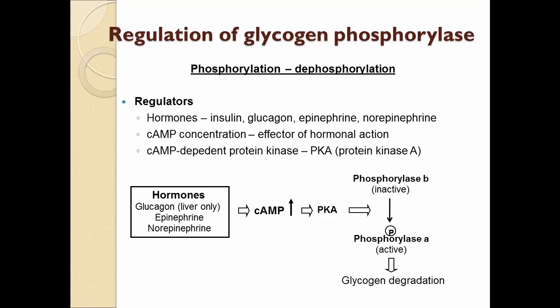Protein kinase A usually catalyzes the phosphorylation of a protein, right? So once the cyclic AMP levels increase and cause the activation of protein kinase A, it is protein kinase A that directly phosphorylates glycogen phosphorylase, leading to activation of phosphorylase, right?